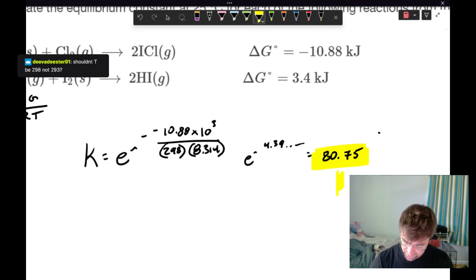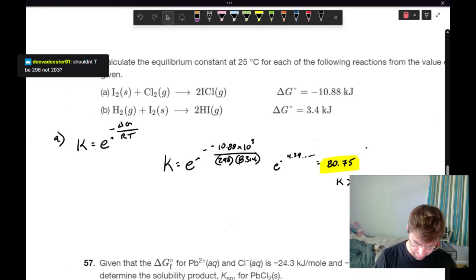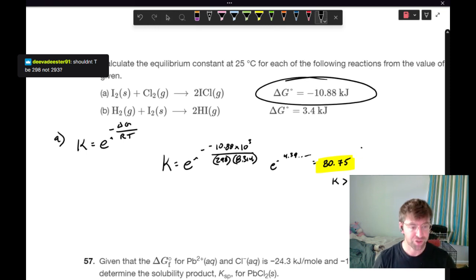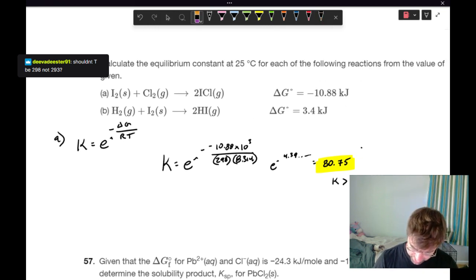So this is a K value greater than 1, which means at equilibrium we'll have more products than reactants. This should be spontaneous, which tracks with our negative Gibbs free energy value.